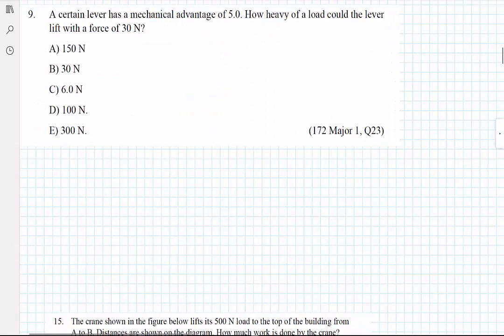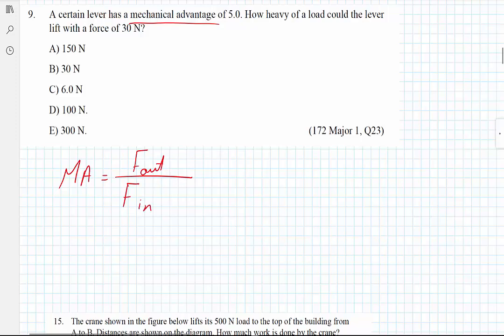In this problem, a certain lever has a mechanical advantage of 5. So the mechanical advantage, as you remember, is the output force over the input force. So we need to look for the output force of this machine and the input force of this machine. The mechanical advantage here is 5 times.